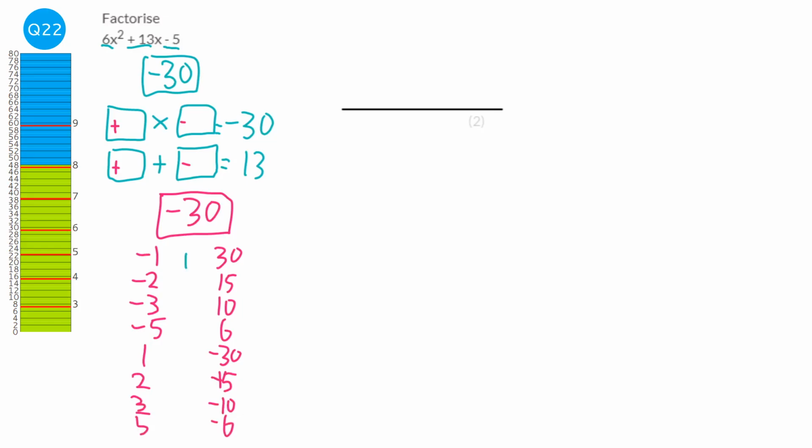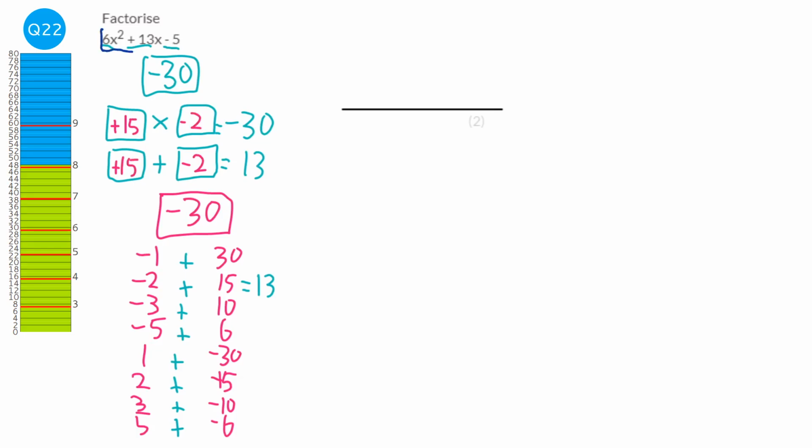And we're looking for the pair of numbers that add together to make 13. So just looking down the list, this one here will make 13, won't it? Because -2 plus 15, or 15 take away 2, is 13. So the two numbers we're looking for are +15 and -2.